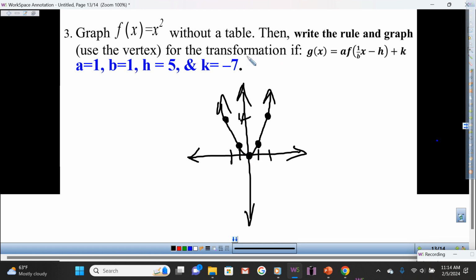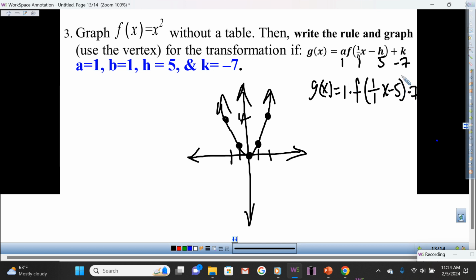Next, they want us to write a rule using all these parameters. So you wrote this, but instead of a and b, we write 1 and 1, 1 and 1. And instead of h, we write 5. And instead of k, we write negative 7. So g of x equals 1 times f of 1 over 1 x minus 5 minus 7.